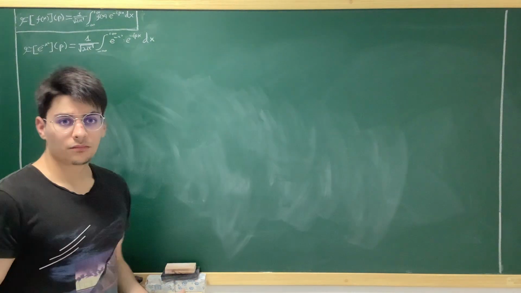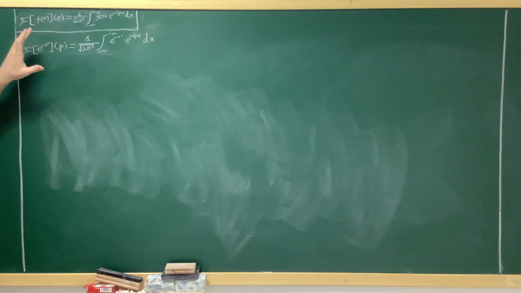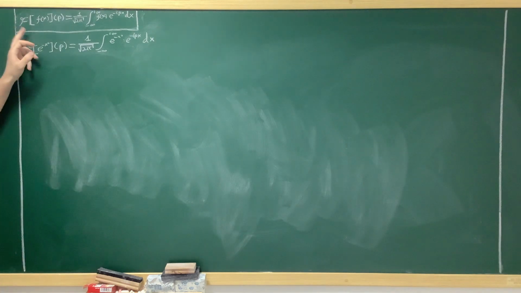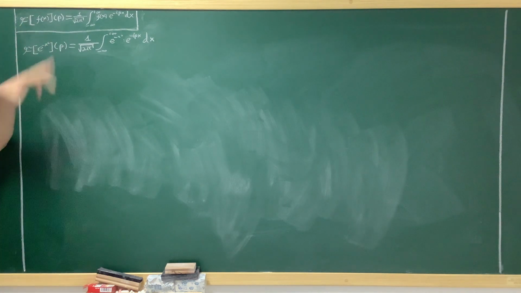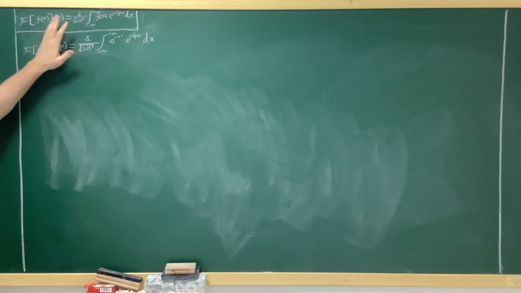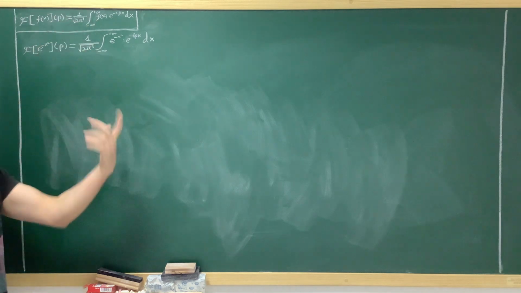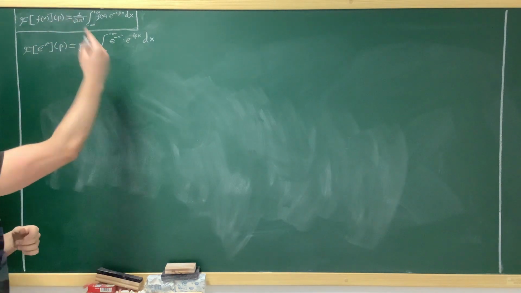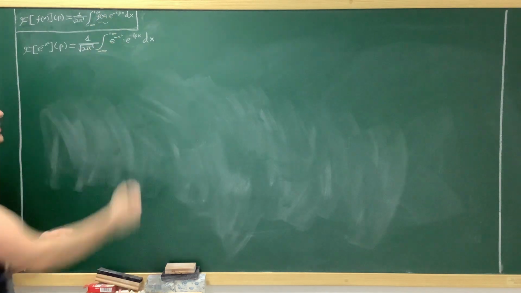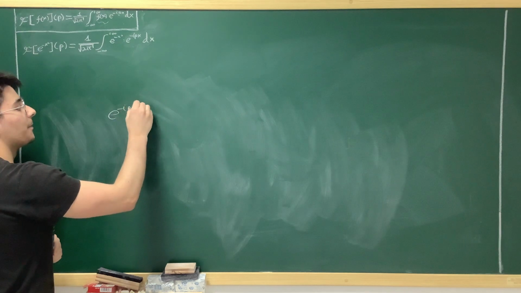Right now we're just going to go and calculate it. But before, let me remind you of the expression of a Fourier transform. The Fourier transform of f of x, this is the notation I'm going to use, becomes a function of p, and it is defined as 1 over the square root of 2 pi times the integral from minus infinity to positive infinity of our original function times this exponential, e to the minus i p x, dx.